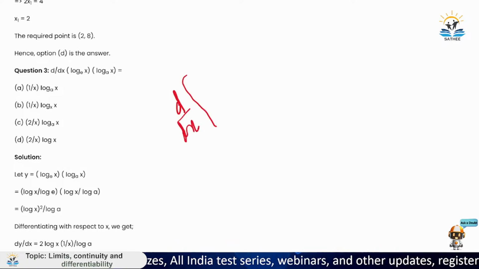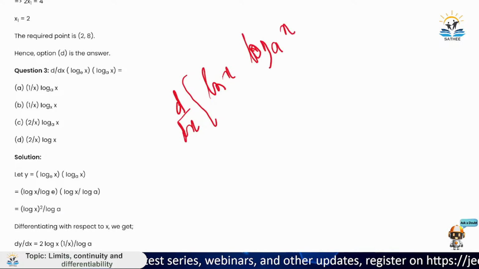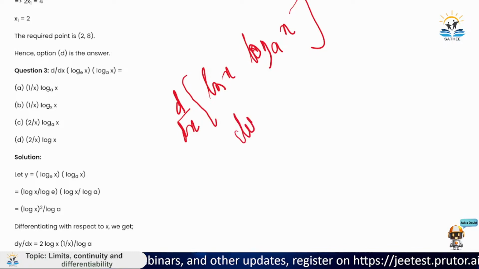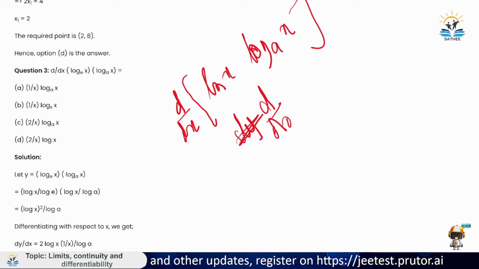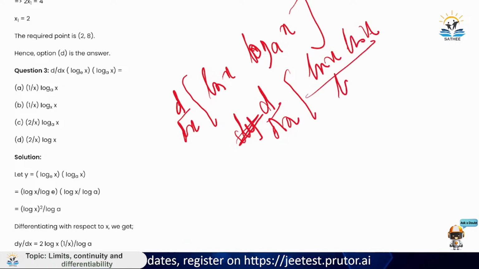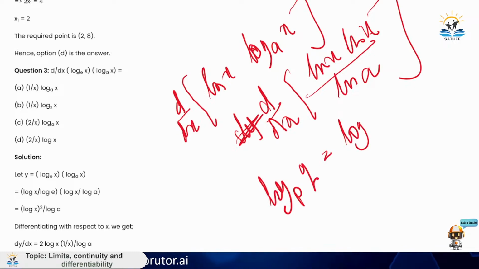Now another question we have is dy/dx = ln of x and log of x base a. For this, I think you should have a decent knowledge of logs because I am very thorough with my logs, right? It's as simple as that. So we can write it using a property: log of q with the base p can be written as log of q with base a upon log of p with base a, where we can take any base here.